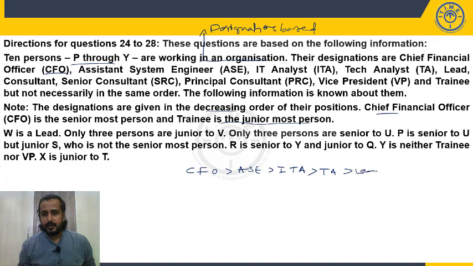Lead greater than consultant. SRC greater than PRC greater than VP greater than trainee. Whatever they give, we need to consider it as true. 1, 2, 3, 4, 5, 6, 7, 8, 9, 10 designations.